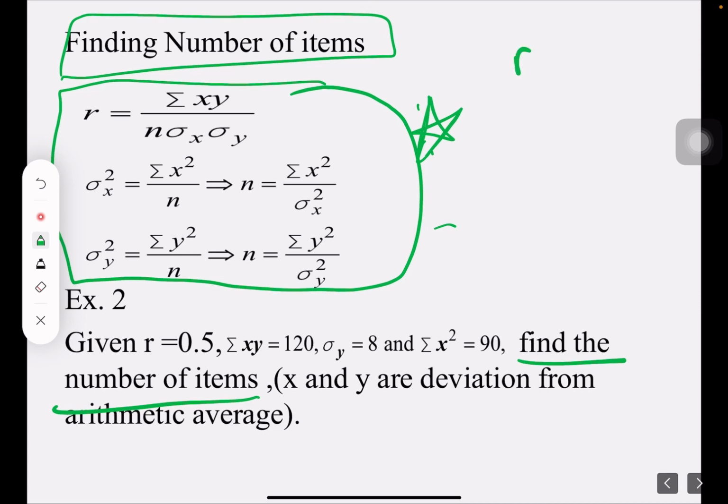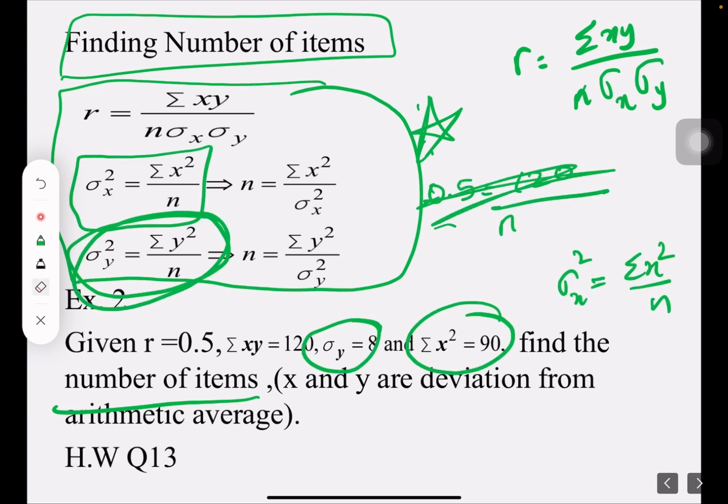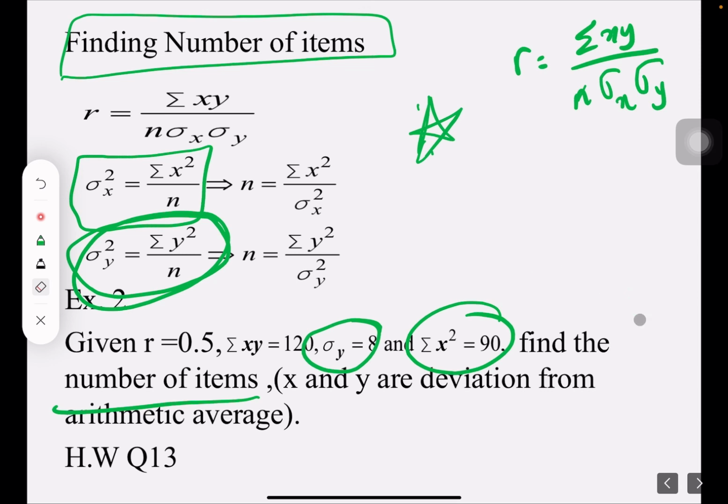So your correlation r is equal to summation of x, y over the number of items times the standard deviations sigma x, sigma y. According to the formula, 0.5 is equal to the summation of x, y, which is 120, over n, which is not given, times sigma x.